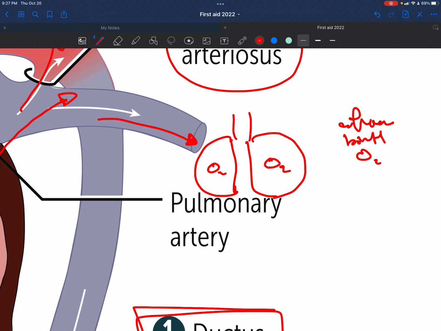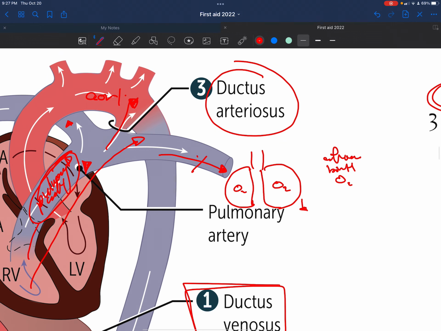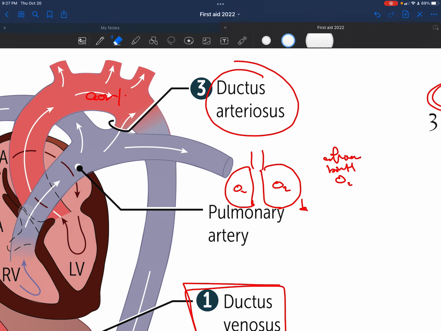So if they have oxygen, that means their resistance just is reduced. So they don't resist the pulmonary artery anymore. They just don't resist it. They're saying, welcome. We're happy to oxygenate you. So the blood is coming normally from the pulmonary artery into the lungs.